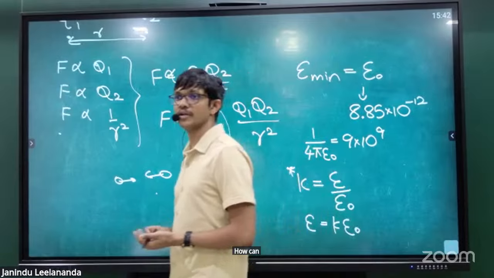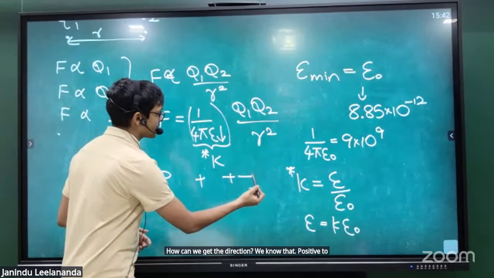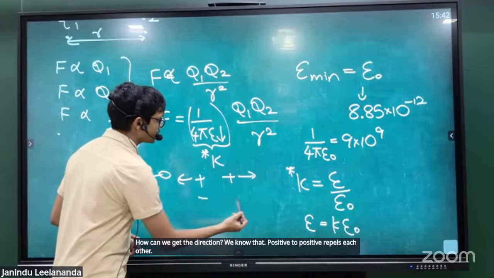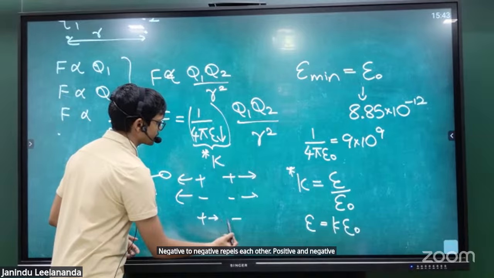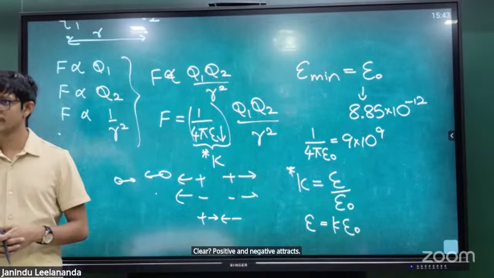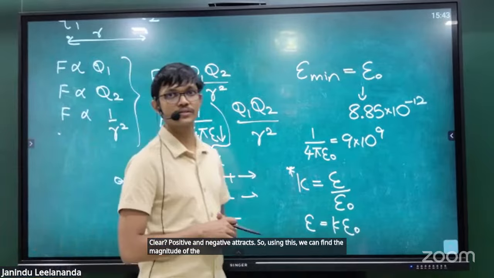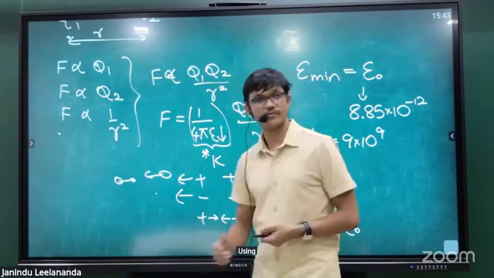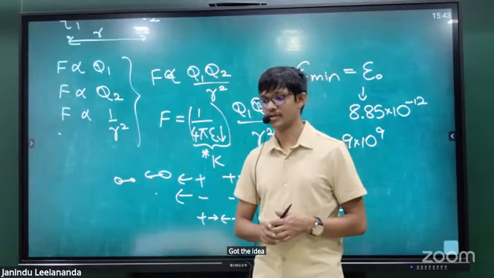How can we get the direction? We know that positive to positive repels each other, negative to negative repels each other, positive and negative attracts. So using this we can find the magnitude of the force, and using this you can figure out the direction of the force. Got the idea?